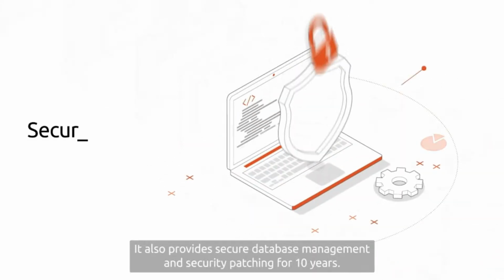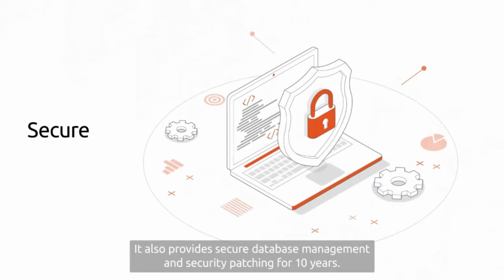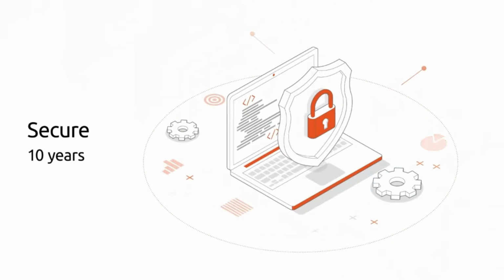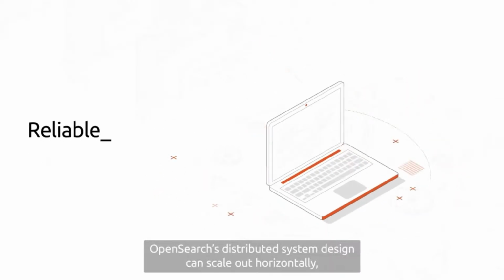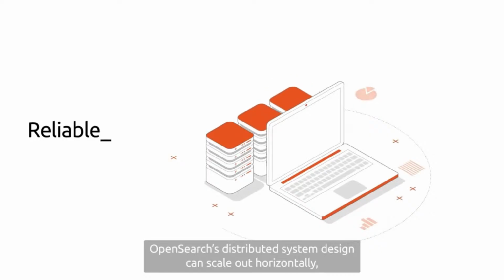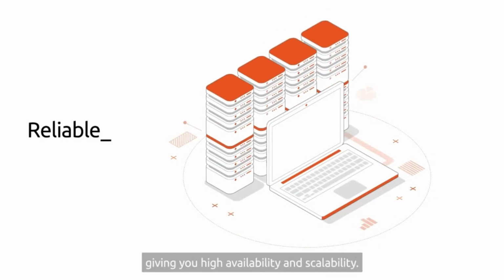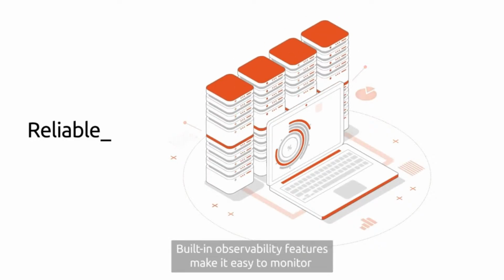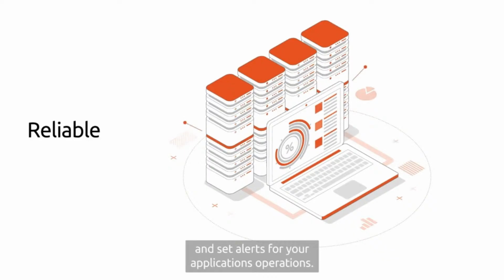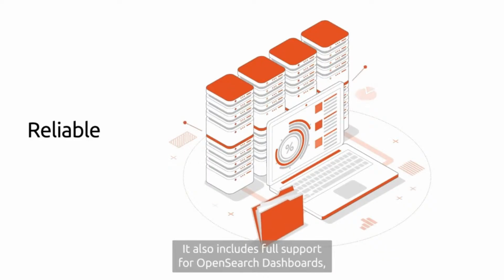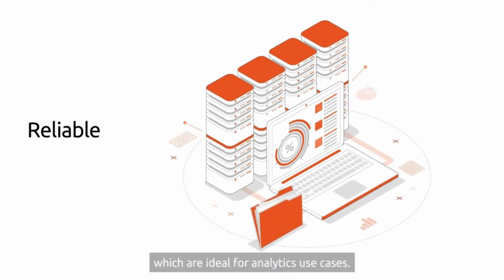It also provides secure database management and security patching for 10 years. OpenSearch's distributed system design can scale out horizontally, giving you high availability and scalability. Built-in observability features make it easy to monitor and set alerts for your application's operations. It also includes full support for OpenSearch Dashboards, which are ideal for analytics use cases.